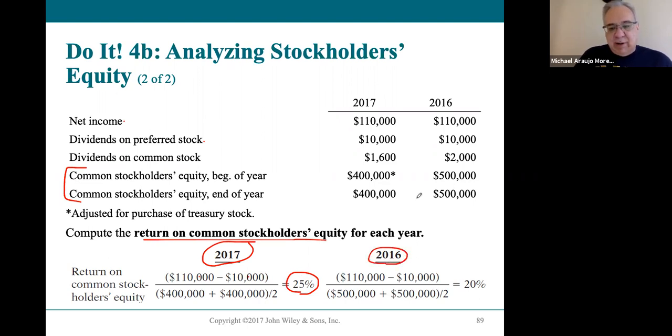As you see, the prior year they had $110,000 net income, and they still paid $10,000 of preferred dividends, but their common equity was higher. Unfortunately, that led them to a lower return. 20% is still good, I still wouldn't be bothered by it, but 25 is better. This is how they're going to make their judgments, looking at those returns and saying the higher is better.